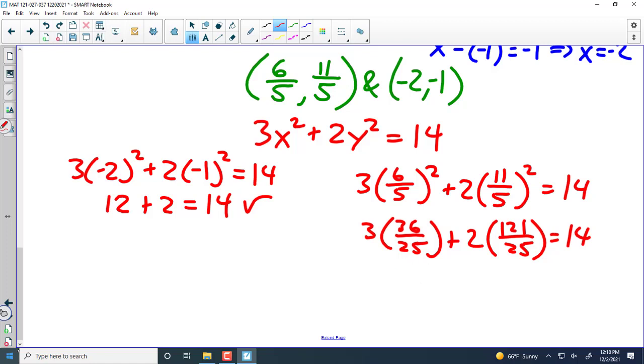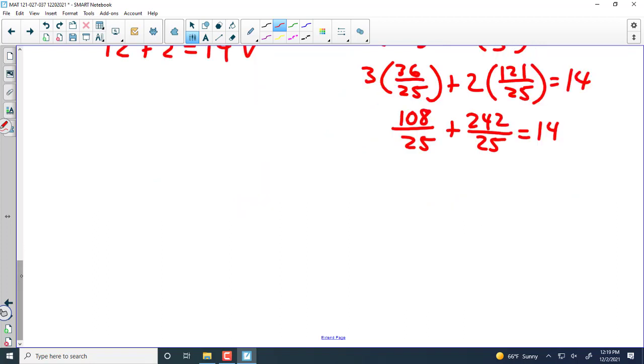It's going to be 108 over 25 plus 242 over 25 equals 14. 108 plus 242 is 350 over 25 equals 14. What's 350 divided by 25? 14. Heck yeah, it is.